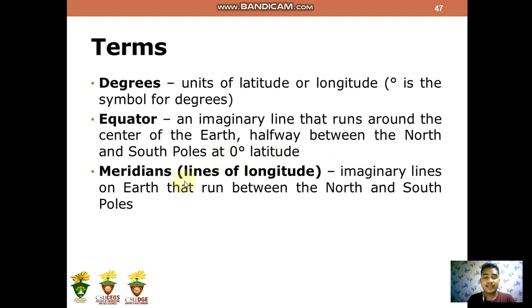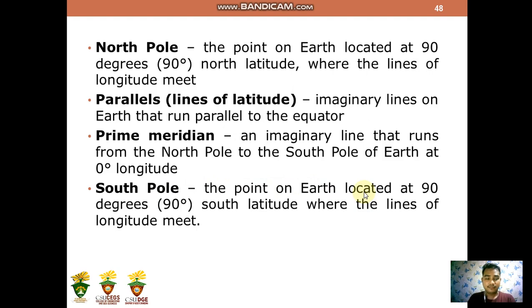Meridians are lines of longitude, imaginary lines on Earth that run between the North and South poles. The North Pole is the point on the Earth located at 90 degrees north latitude, where the lines of longitude meet.